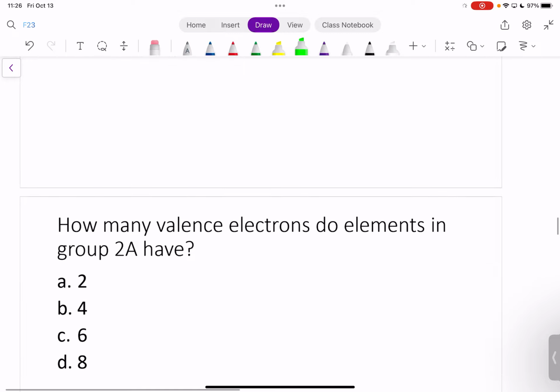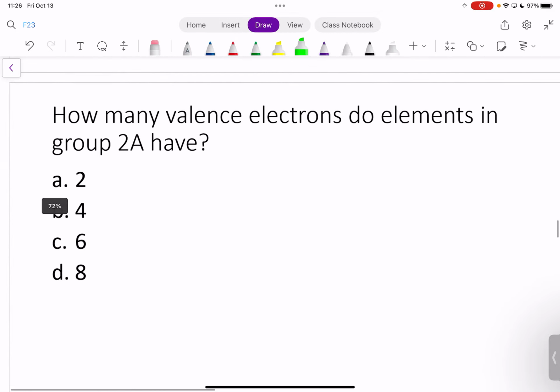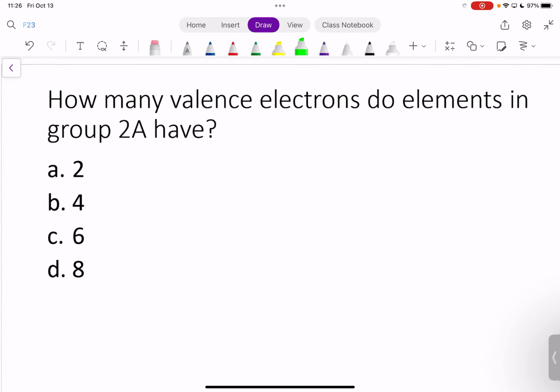Okay. All right, how many valence electrons do elements in group 2A have? Yeah, 2.